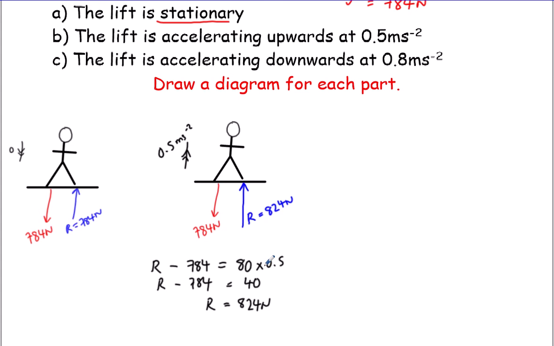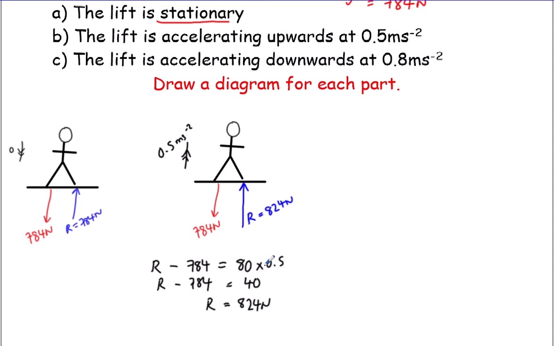Okay, if he was an 84 kilogram man to start with, he would always feel a reaction force of 824 newtons. So that's why when you get in a lift and the lift starts to move, starts to accelerate, you sort of feel a bit of extra weight in your knees, and your knees might bend slightly. It's the equivalent of temporarily sort of almost becoming heavier. Okay, you're not becoming heavier, but what you're feeling is a much bigger normal contact force than what you are used to.